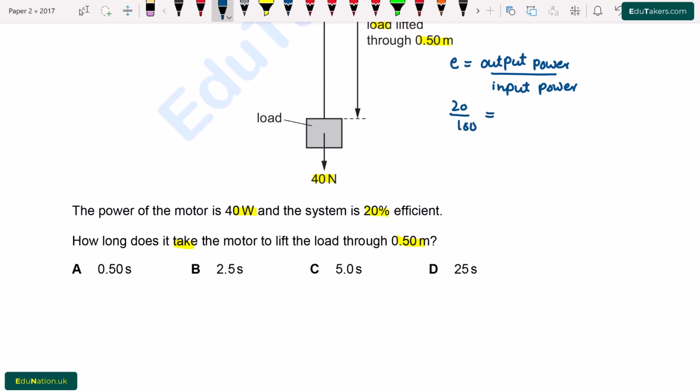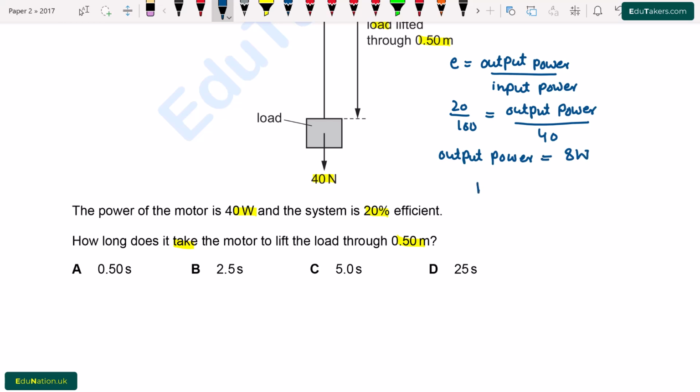This will be equal to output power divided by input power, which is 40 watt. So the output power will be equal to 8 watt.